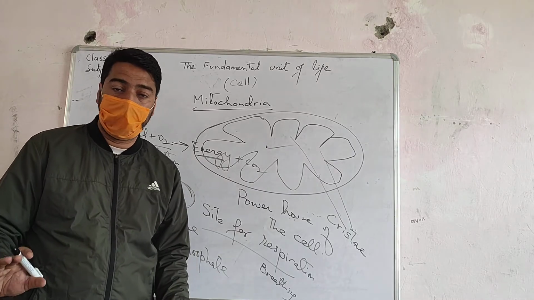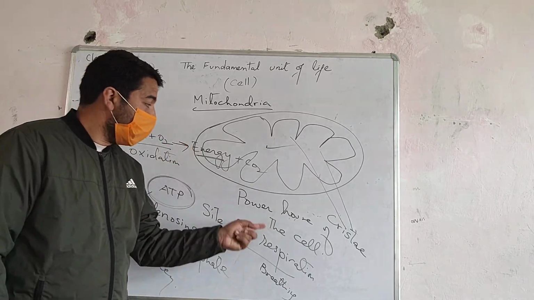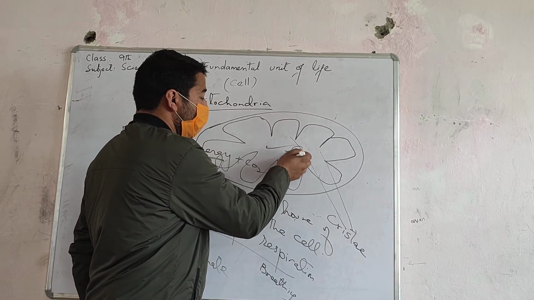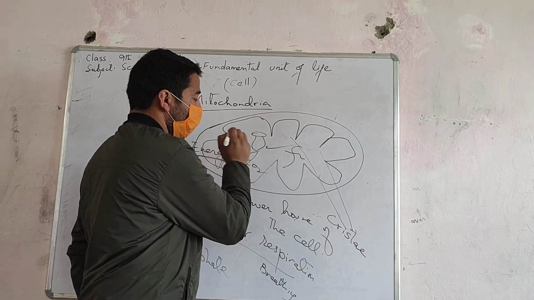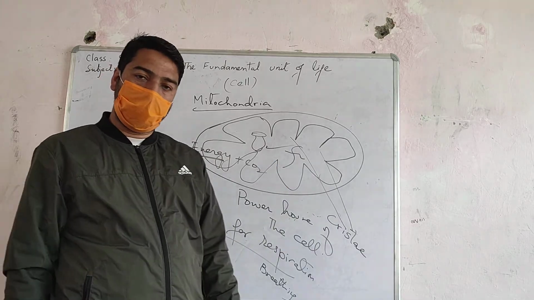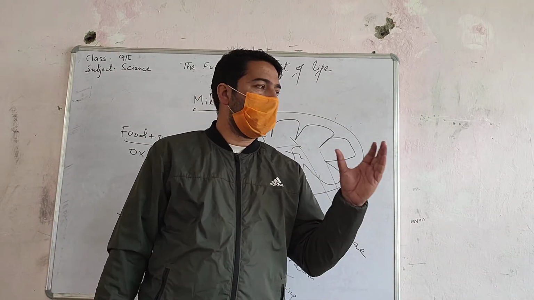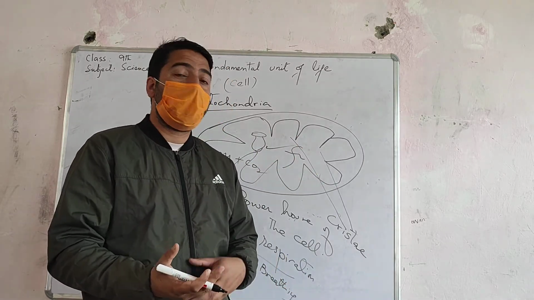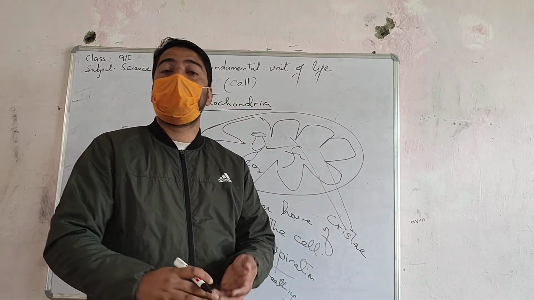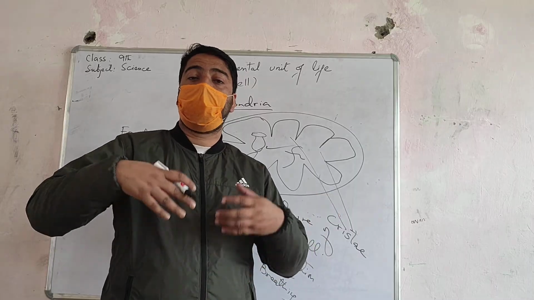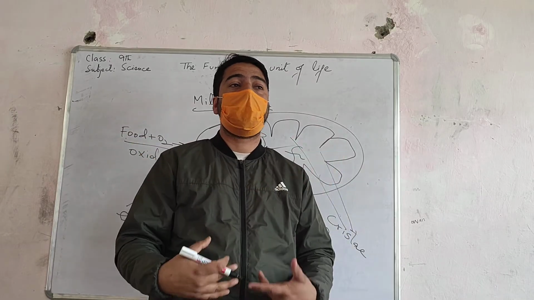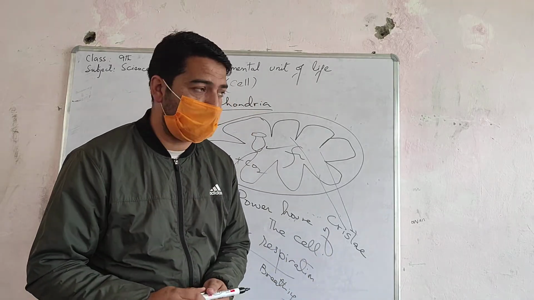Another feature of mitochondria is that it has its own DNA and ribosomes. DNA, you know, is deoxyribonucleic acid, a sort of genetic material, in which our genes are present. Genes are the carriers of our traits, of our characters, which we inherit from our parents, from our ancestors.